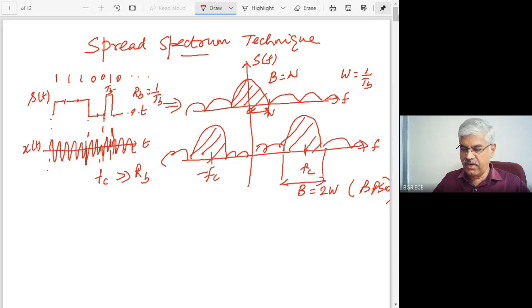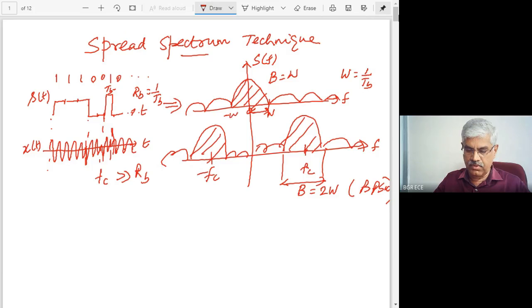So these are called side lobes. It can be shown that the main lobe contains more than 95% of the total power, the total energy. So the majority of the energy is in this band. So we can approximately consider the bandwidth of this signal to be this W.